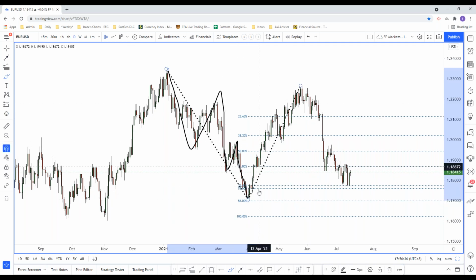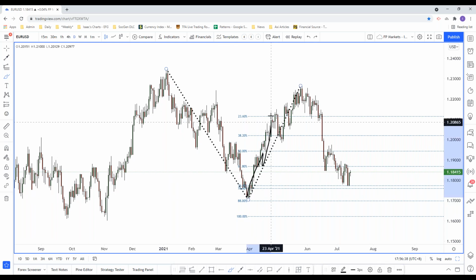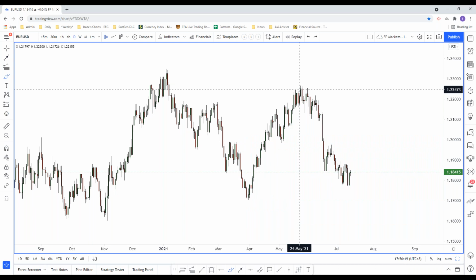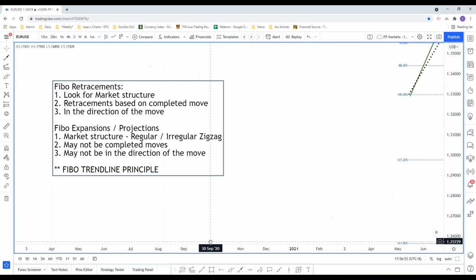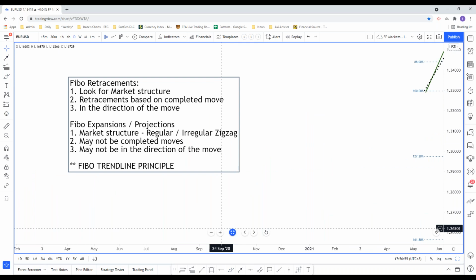But the other one, price holds quite closely. Even though it chops around, it's still holding very closely to the Fibonacci trend line level. So that is really the principle of drawing Fibonacci retracements and expansions.